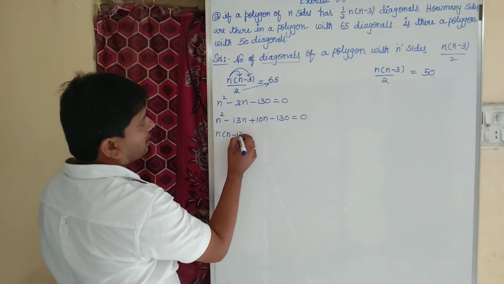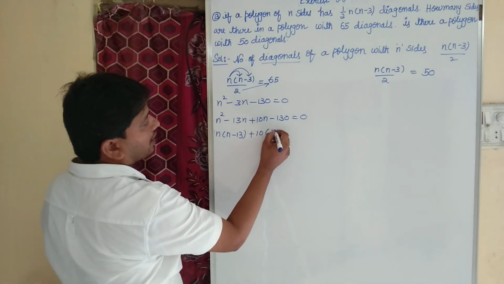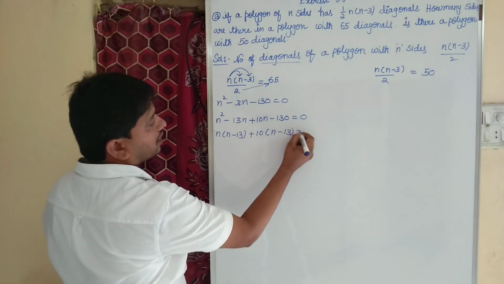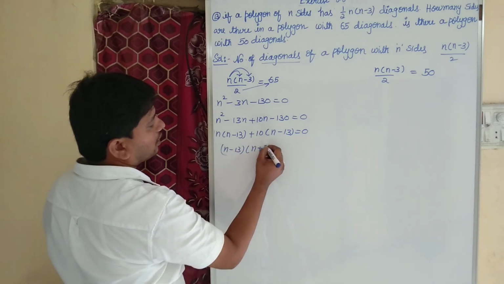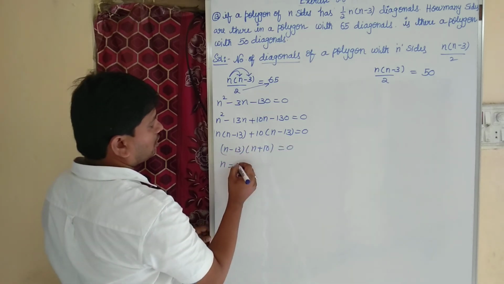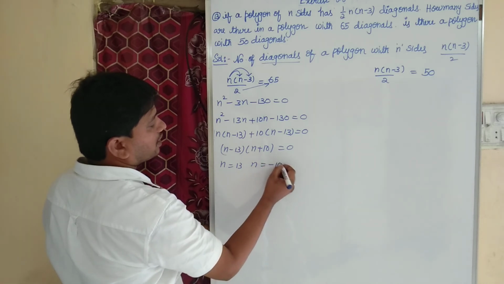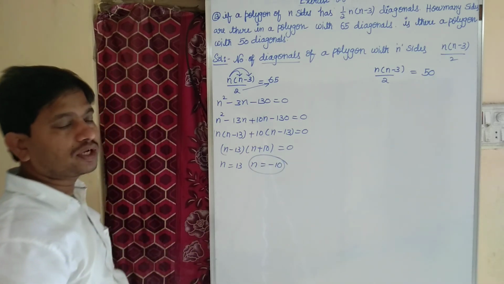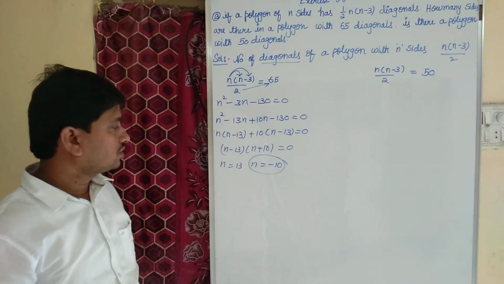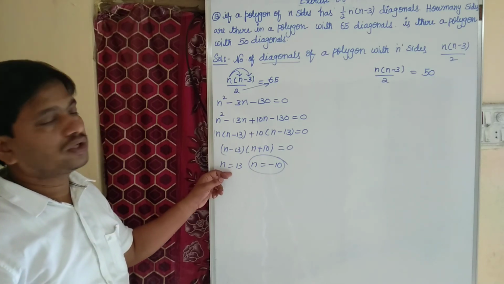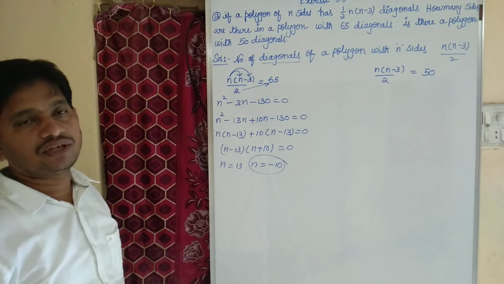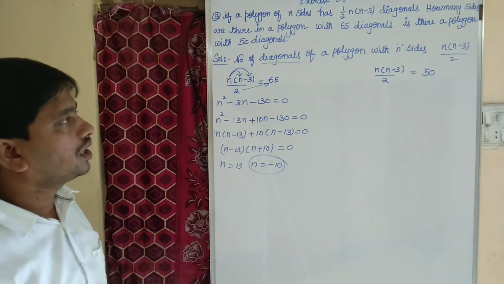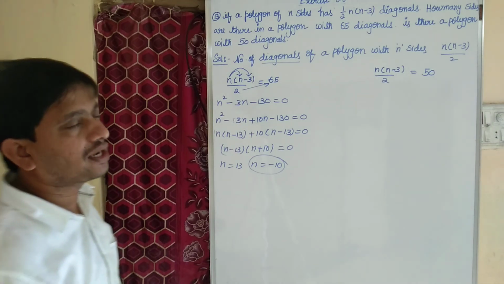If you take n common, n minus 13, and if you take 10 common, n minus 13 equal to 0. You take n minus 13 as common, you will get n plus 10 equal to 0. One is n equal to 13 and the other is n equal to minus 10. There is no polygon with negative sides. So we have n equal to 13. I mean the number of sides of a polygon is 13, which has 65 diagonals. Right? Now they are asking, is there any polygon with 50 diagonals?